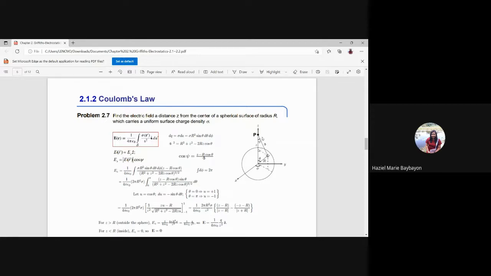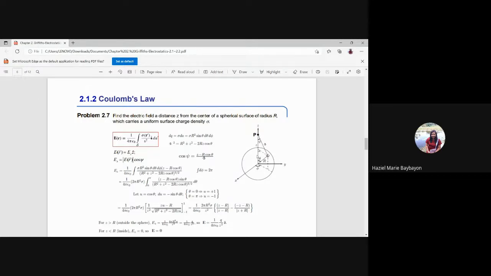Now, we can get cosine phi here. So where do we get cosine phi? Cosine phi is equal to the adjacent side over r, the hypotenuse.